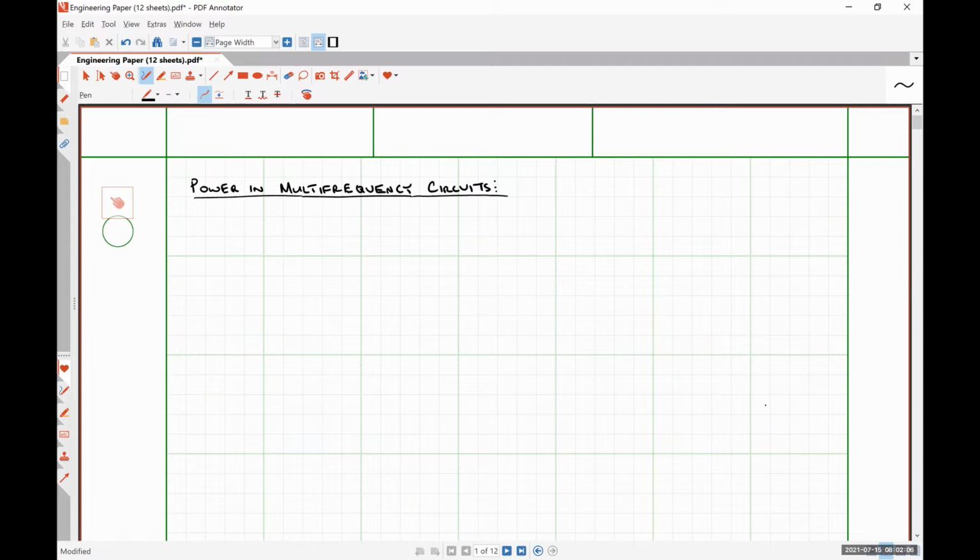We're going to wind up using the following few trig identities. The first one is one that we talked about in our last class. Cosine theta 1 times cosine theta 2 is equal to 1/2 cosine theta 1 minus theta 2 plus 1/2 cosine theta 1 plus theta 2.